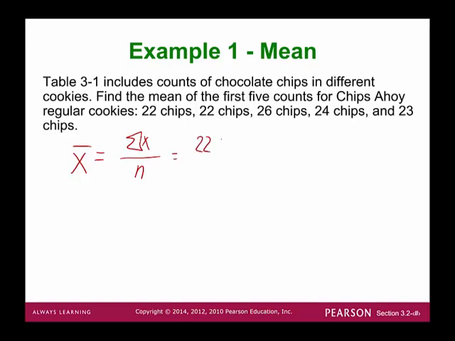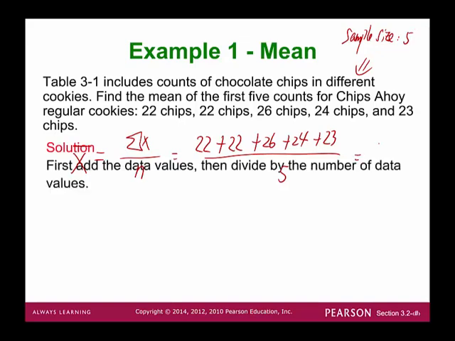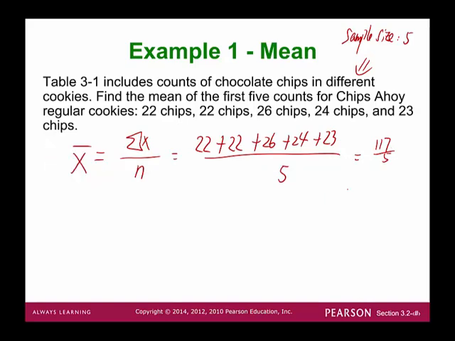So 22, adding 22, adding 26, 24, 23, and dividing by 5. The sample size in this case, we're picking 5 cookies, so sample size is 5. So this turned out to be 117 over 5.